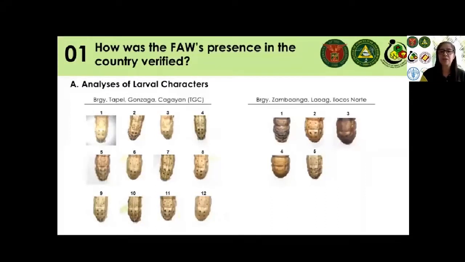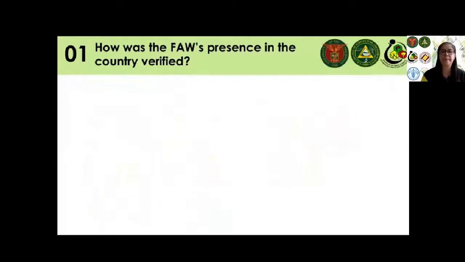Easily recognizable larval characters of the fall armyworm, as discussed by Dr. Jess Adorada earlier, were noted by the group of scientists of Navasero in these samples. These samples were then subjected to DNA barcoding in our laboratory for species verification.